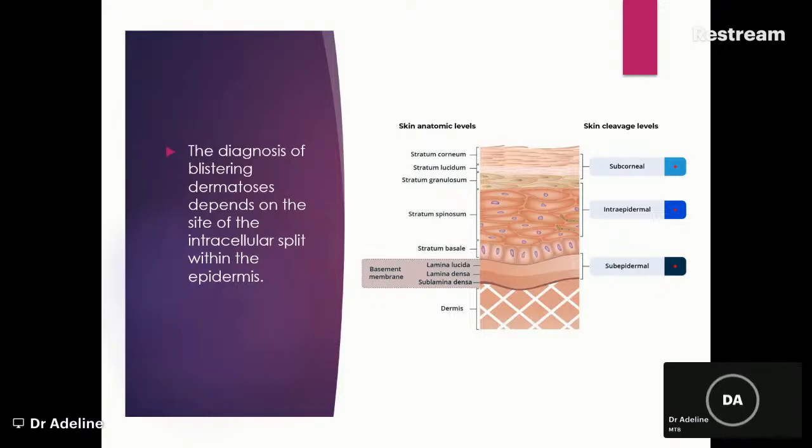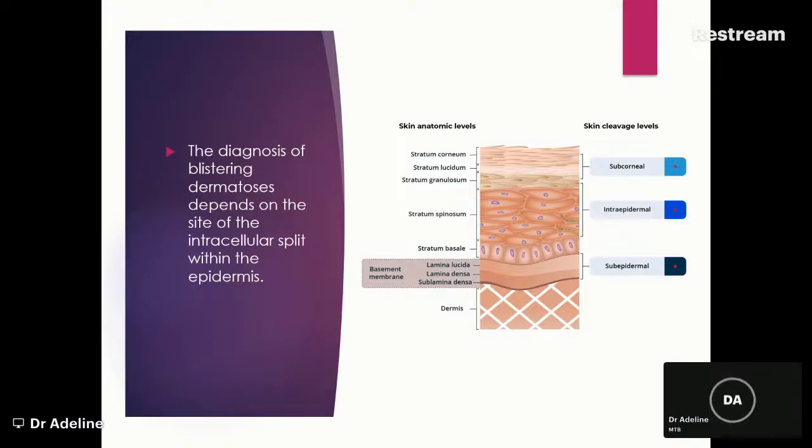The diagnosis of any blistering dermatosis mainly depends on what site of the skin, or where exactly in the epidermis, it's affected. There are different anatomical levels of the skin as shown in the picture.